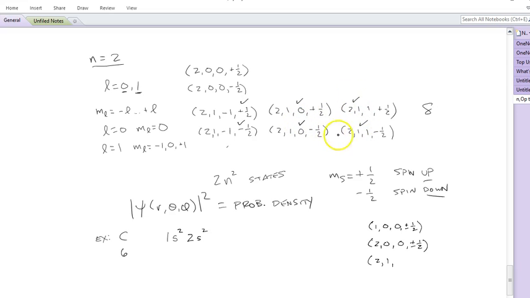So there are actually 6 states that have n equals 2, l equals 1, and the spectroscopic notation for l equals 1 is the p, the p subshell. We can get up to 6 electrons in that one because there are 6 possible states, but for carbon, we only have to worry about 2 more. So that's what the electron filling would look like for carbon.